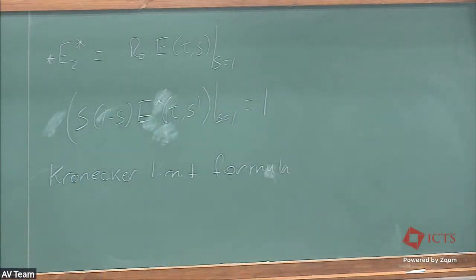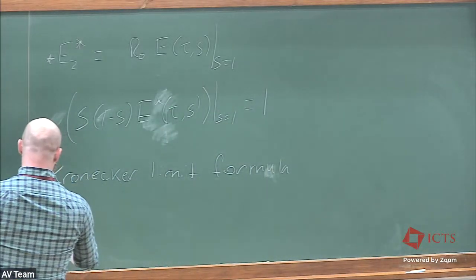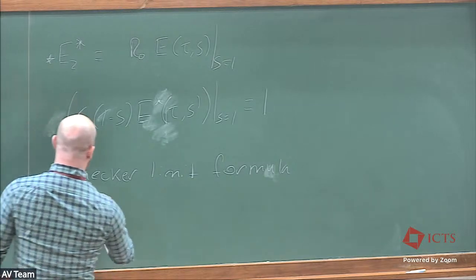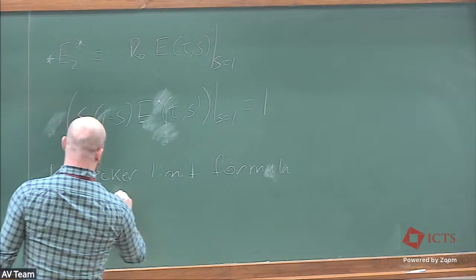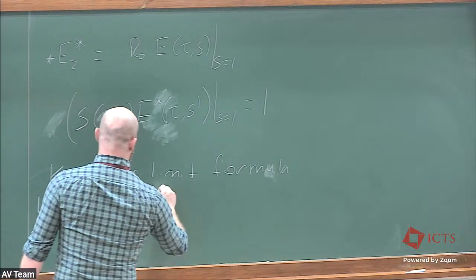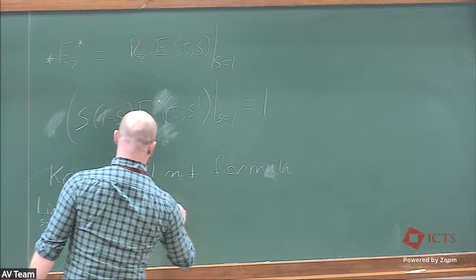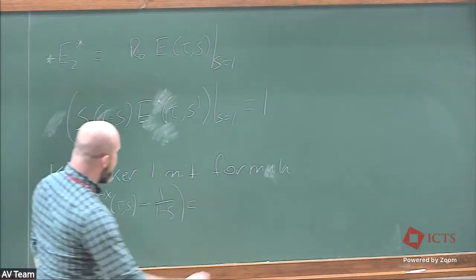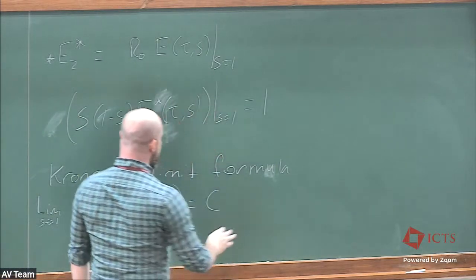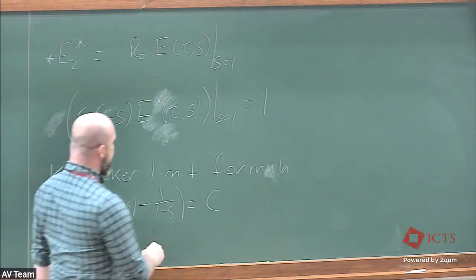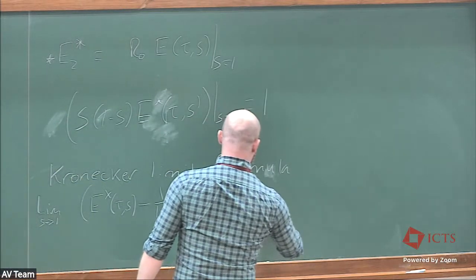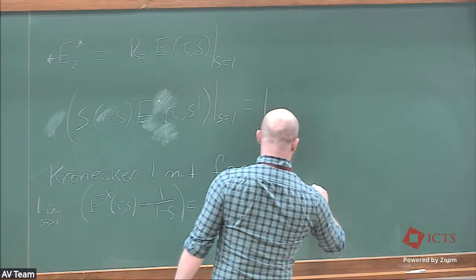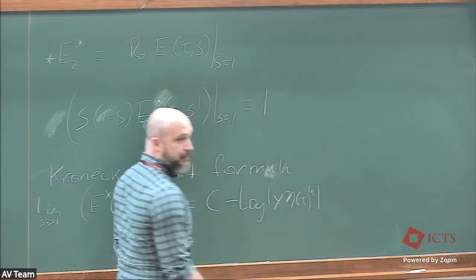If we take the limit as s goes to 1 of E star of tau comma s, and subtract off our pole, 1 over 1 minus s, the result here is some constant, which I'm not really worried about right now, minus the log of v eta of tau to the 4th.